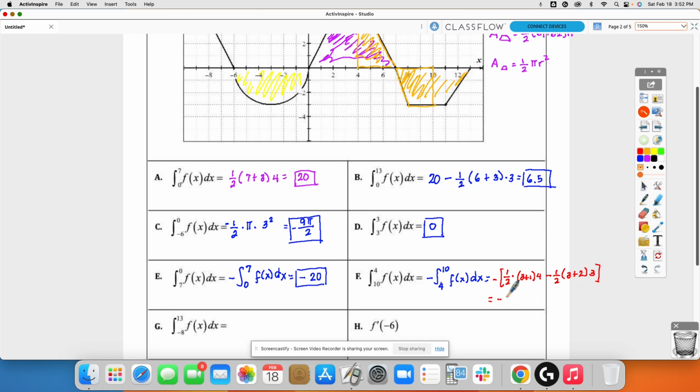So we get negative 8 minus 7.5, and that gives us negative 0.5. Right? Negative 1 half or negative 0.5.